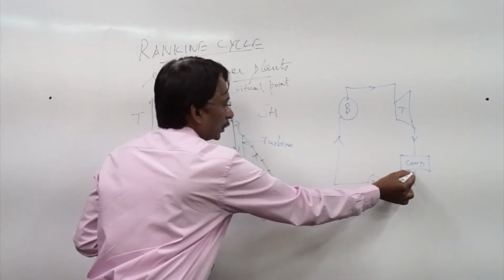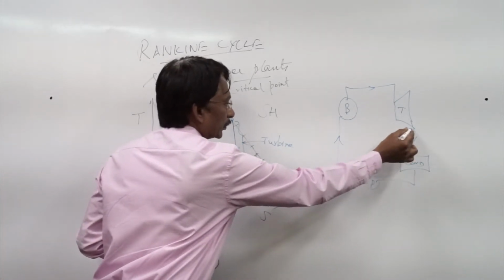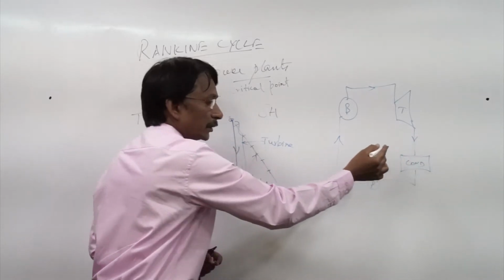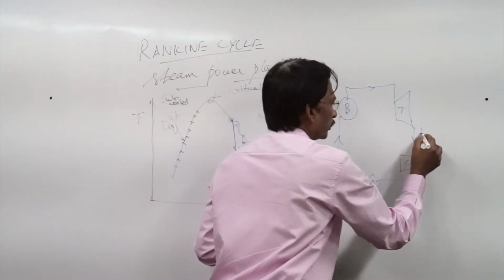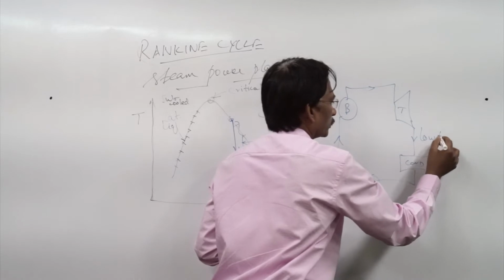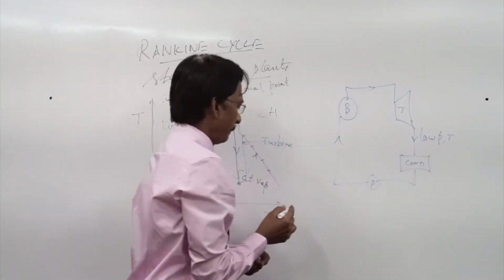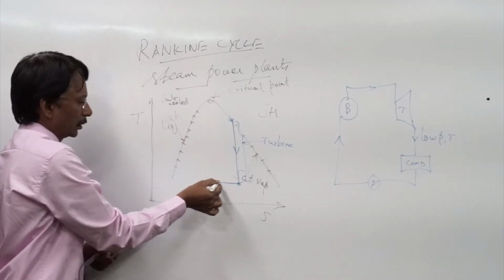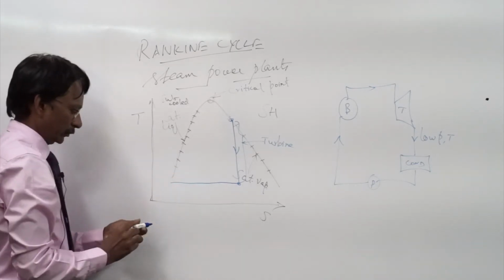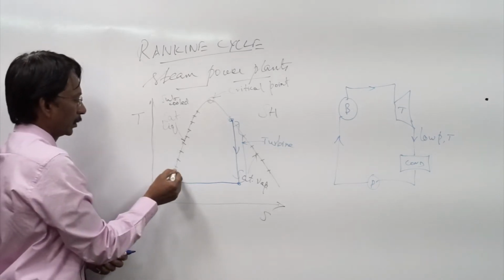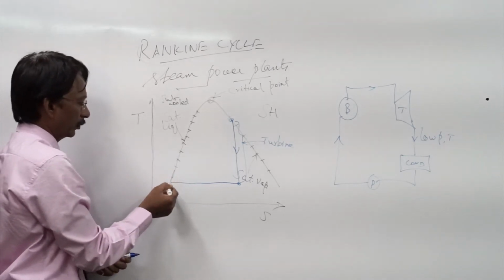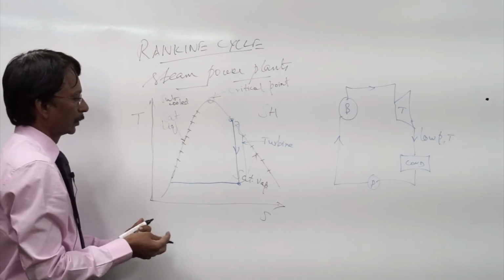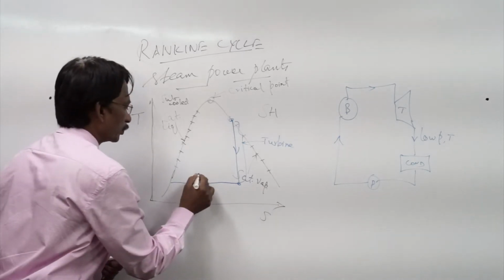Now from the turbine outlet we get the low pressure, low temperature steam as we saw earlier, and that is this point, and this is condensation. Let me just extend the saturated liquid line. So this is the condenser portion.